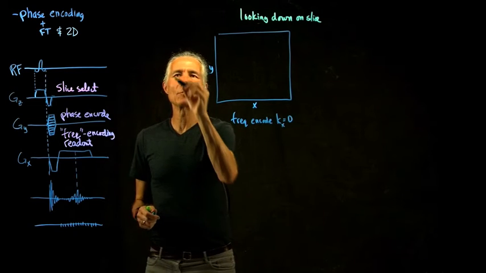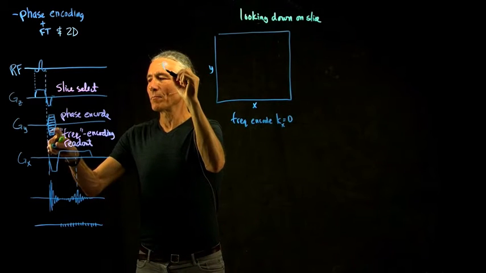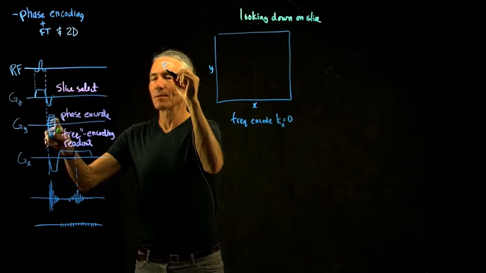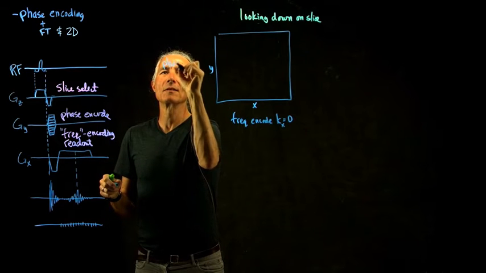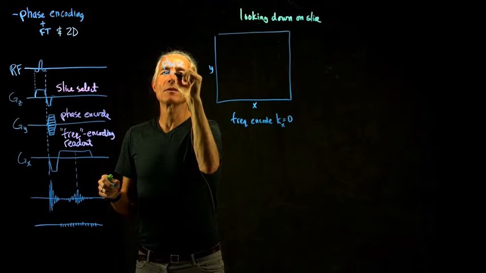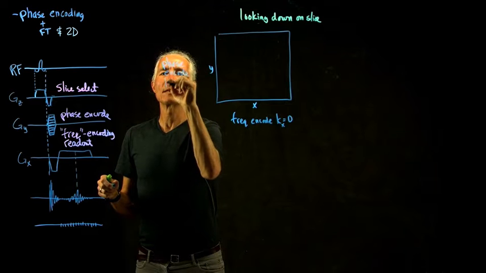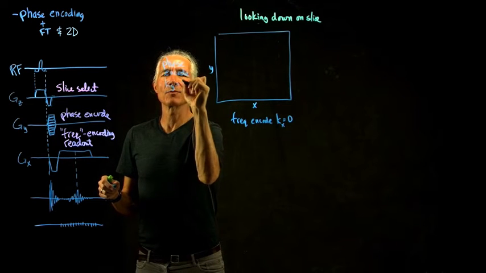Now let's assume we've picked out one of these gradient levels that corresponds to phase encode spatial frequency Ky equals 4.